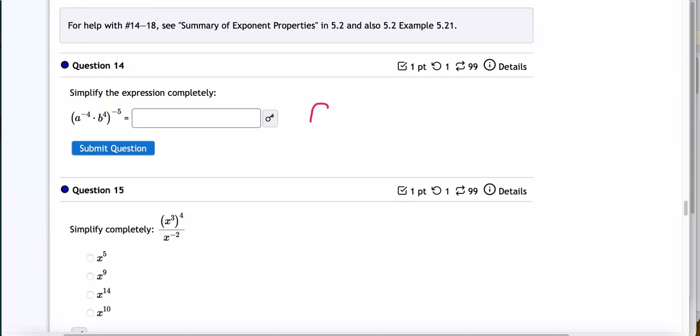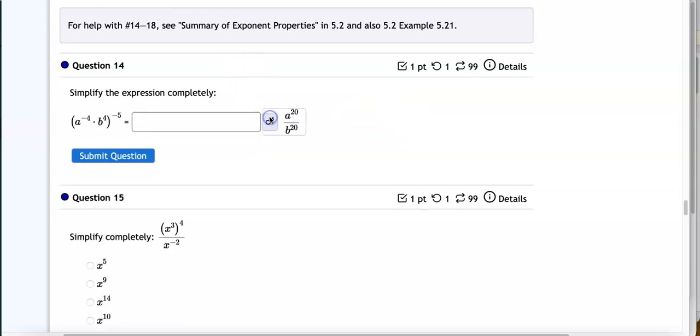So then I end up with a to the 20th times b to the -20th. And now we're going to apply the negative exponent rule and send b to the -20 down to the denominator. And then our answer therefore becomes a to the 20th over b to the 20th.